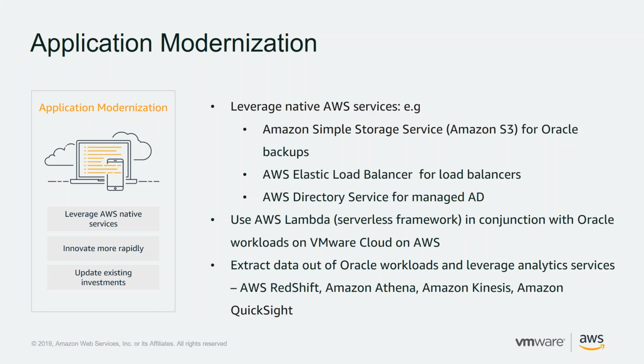Many of the customers choose to move data in and out of Oracle databases as part of their data warehouse or analytics services. You can use any of our Redshift, Amazon Athena, Amazon Kinesis, or for dashboards, Amazon QuickSight to move your data out of your Oracle databases or perform analytical services.